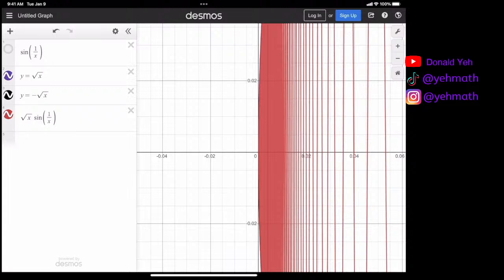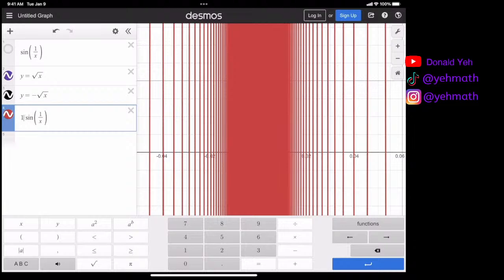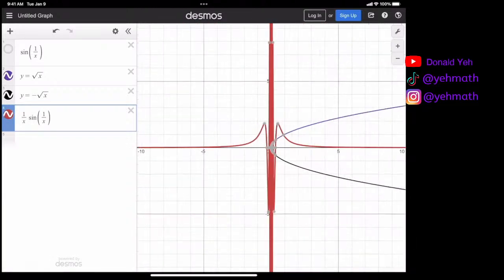So what if you did 1 over x? If you put 1 over x in the front, I think that's a great question. I don't think that's going to be working because 1 divided by x is actually going even higher.